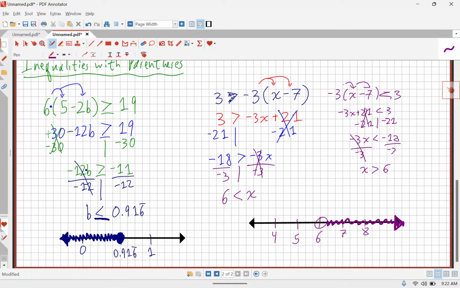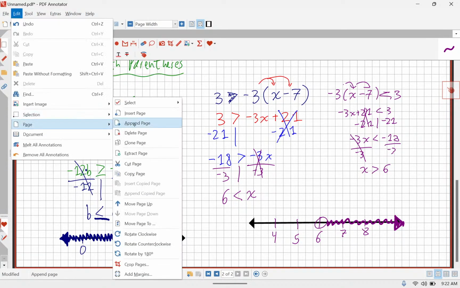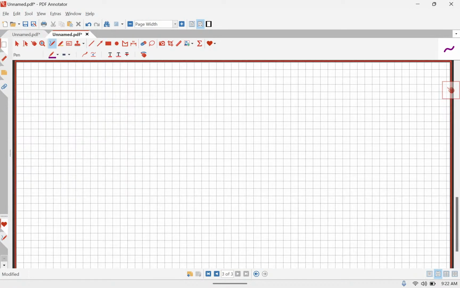Okay, here's what I want you to do, guys. Will you open up your planner to page 52? That would be Tuesday, November 4th. Your self-assessment today is 6.2, which is inequalities with parentheses.